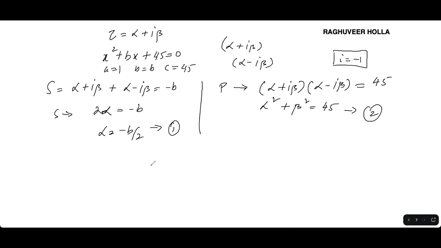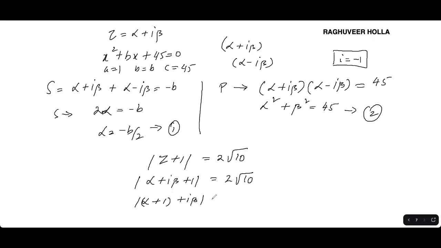Now, in the given problem, mod of z plus 1 is equal to 2 root 10. Okay. So z is alpha plus I beta plus 1 is equal to 2 root 10. So bring on the real terms. Alpha plus 1 plus I beta is equal to 2 root 10.